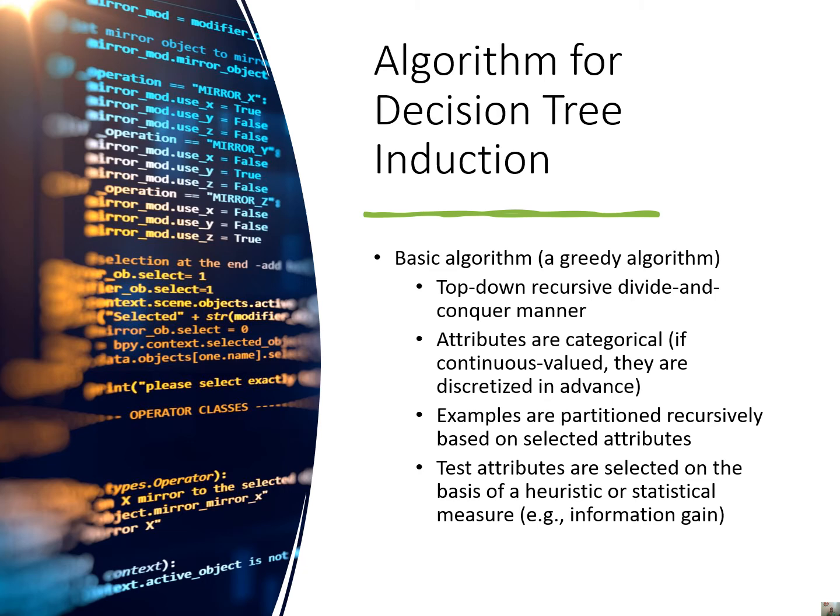So for doing this particular thing, we need to understand how this decision tree works. This decision tree is a top-down recursive divide and conquer kind of algorithm, but basically it is a greedy algorithm because it selects the particular attribute which provides the best quality output.